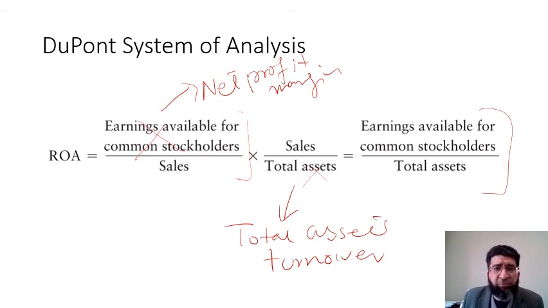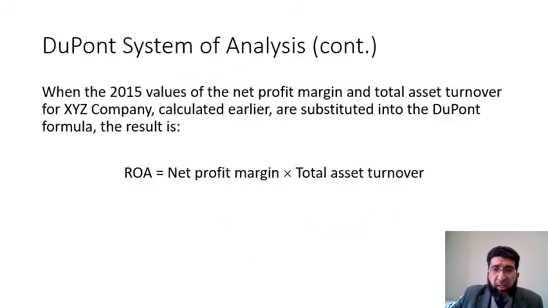And that's the purpose of the DuPont system of analysis, so that you can play around with the variables and see how they react, keep some constant while the others change, and see how it works and what the interpretation will be. Let's look at the example for our XYZ company in the DuPont system. We already calculated this: 7.2% is the net profit margin.